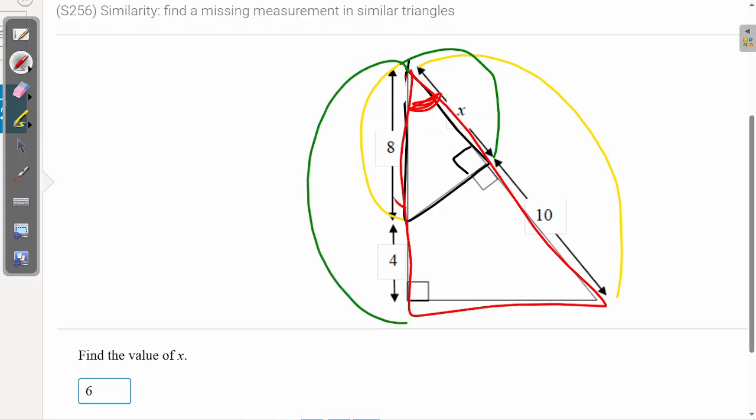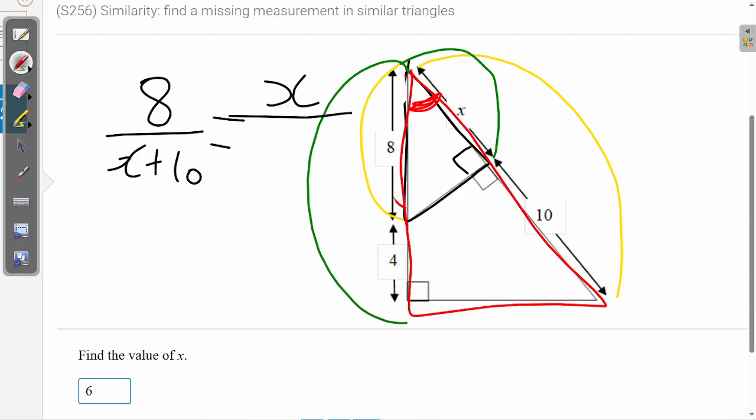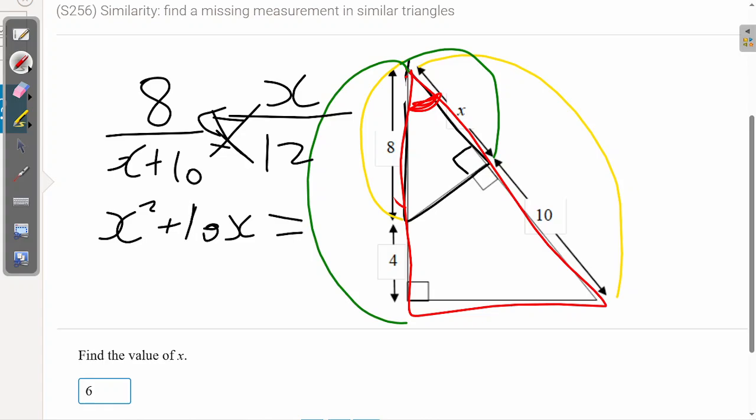So you get the hypotenuse first, so 8 over x plus 10 equals to x over 12. Cross multiply, you get x squared plus 10x is equal to 96.